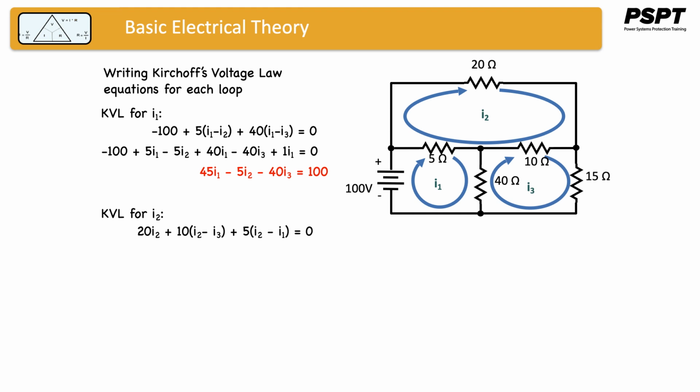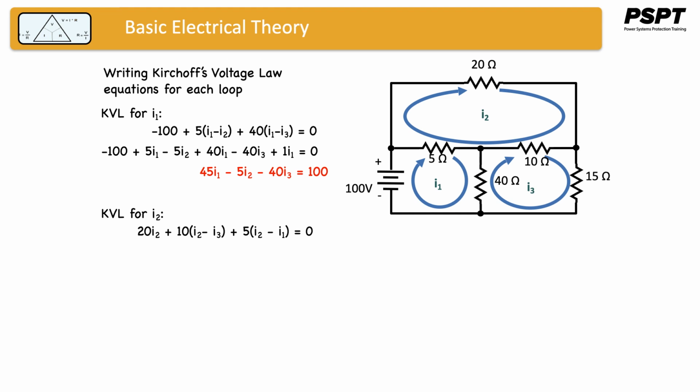And we finally come to the 5 ohm resistor again, but this time we're following I2. So the current in the 5 ohm resistor is going to be I2 minus I1, because I1 now opposes I2. And we're going to get the voltage drop by multiplying the resistance times that current, which will be 5 times the quantity I2 minus I1, all equal to 0.